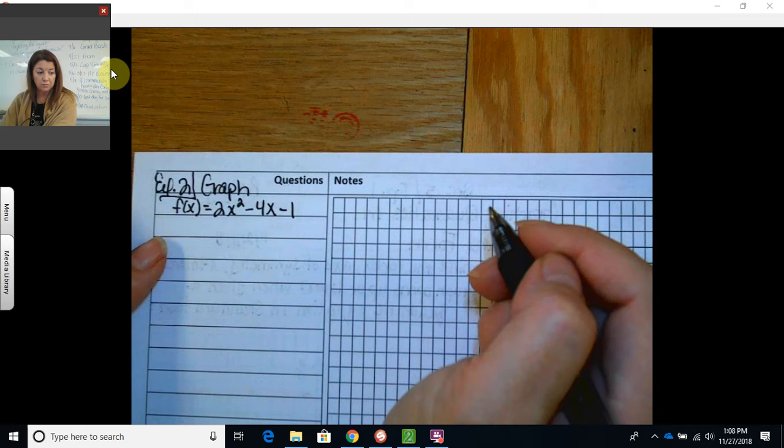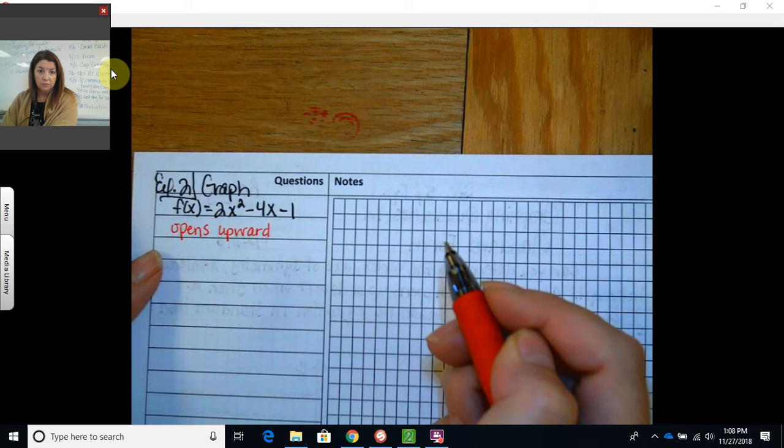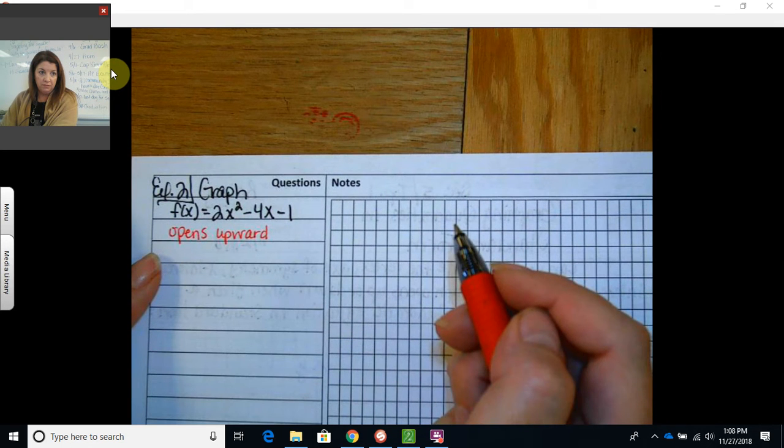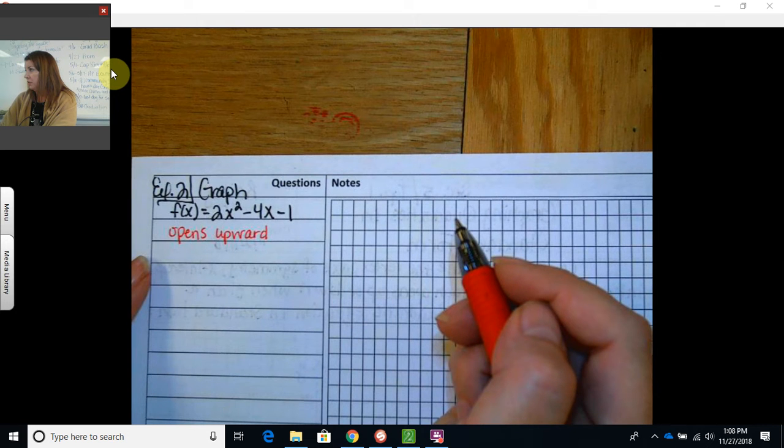So first of all, is this graph going to open up or down? It will open up. What's the next thing that we did on the first example? What did we find after we determined if it's going to open up or down?